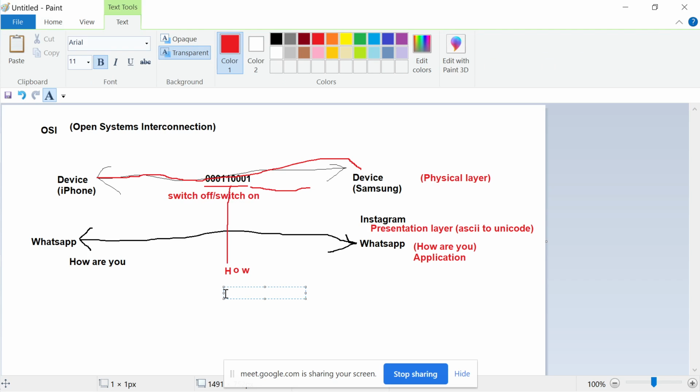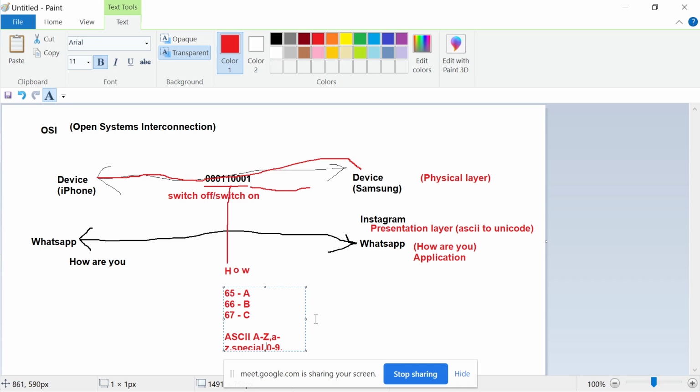So I said 65 means capital A, 66 means capital B, 67 means capital C. Now the thing is, if you are in ASCII format, it can support only the normal English characters A to Z, 0 to 9, and some special characters like minus, plus, greater than sign. All these are special characters.